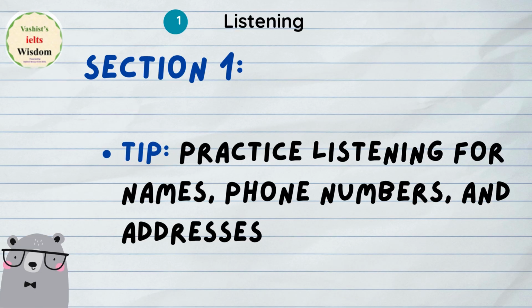And the tip for Section 1 is to practice listening for names, phone numbers, and addresses. Students are always a little bit confused about the numbers because they twist their tongue, and sometimes the names are not very familiar.